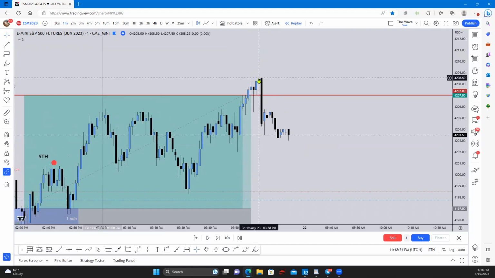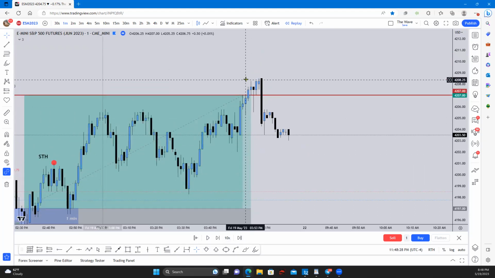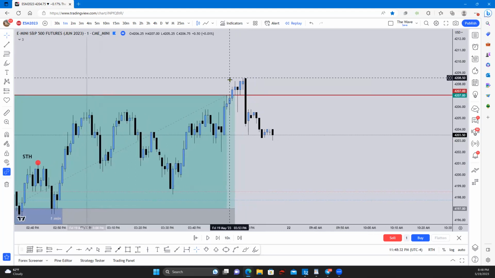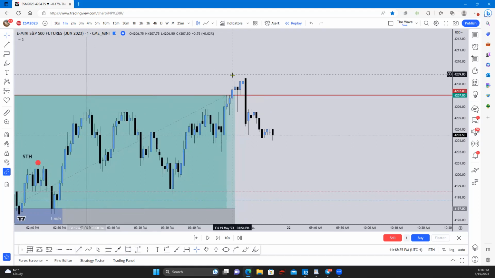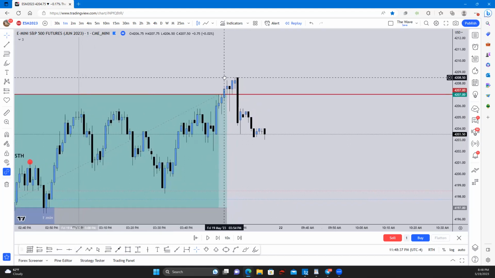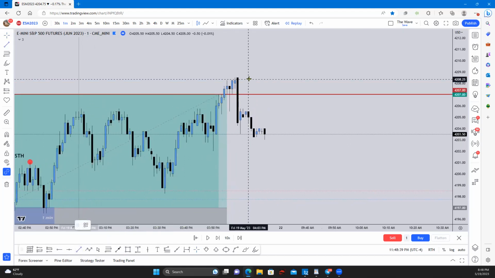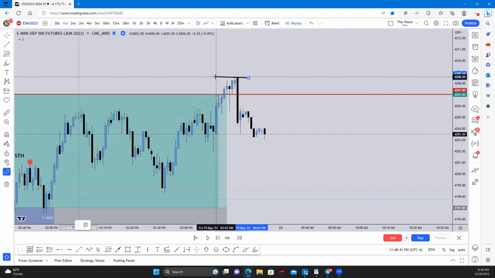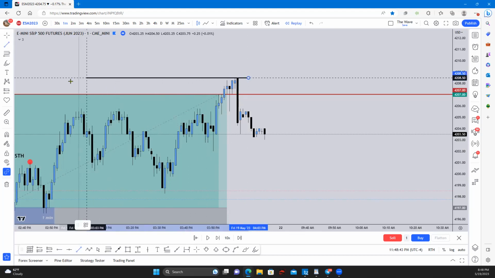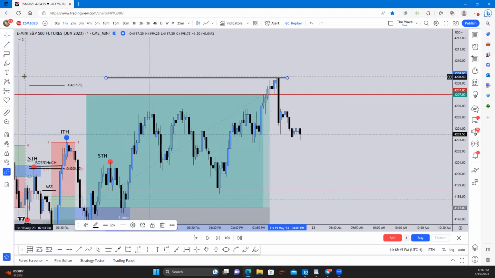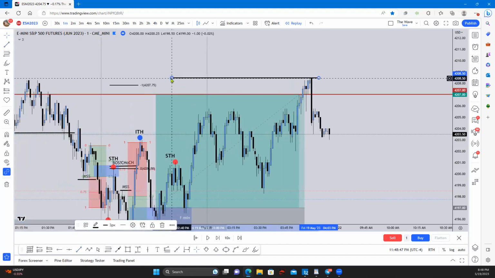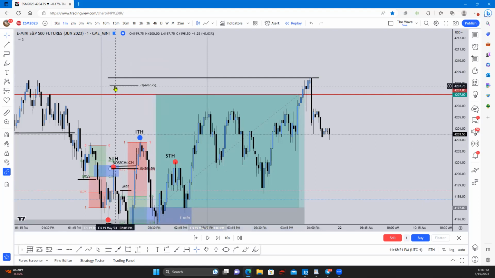Now, what's interesting, right? If we take a line from this price here, we run it back just above that standard deviation 1.